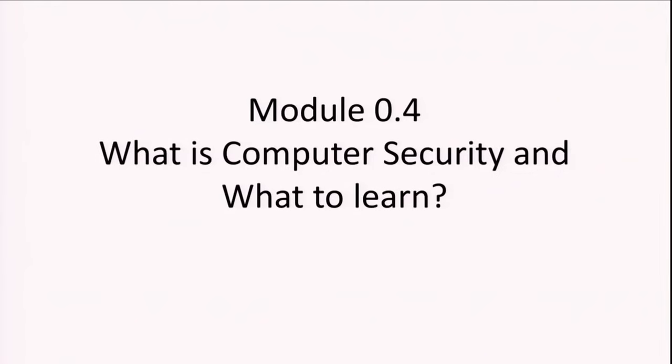All right, so welcome to module 0.4. In this module, we'll talk about what computer security is. So far we have been hearing that there are bugs in software that can be exploited, and when bugs are exploited, they can result in various kinds of losses, and that's what we understood as computer security so far. And we saw that these vulnerabilities and exploits can be easily purchased.